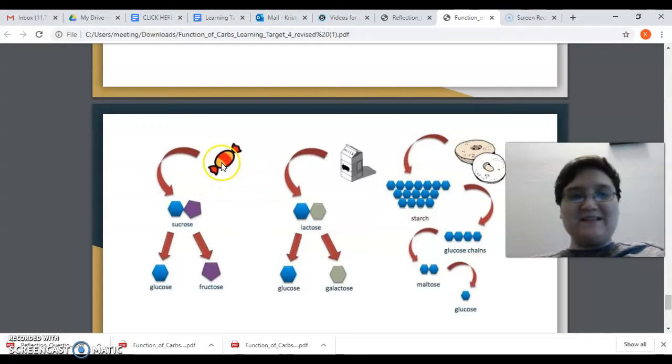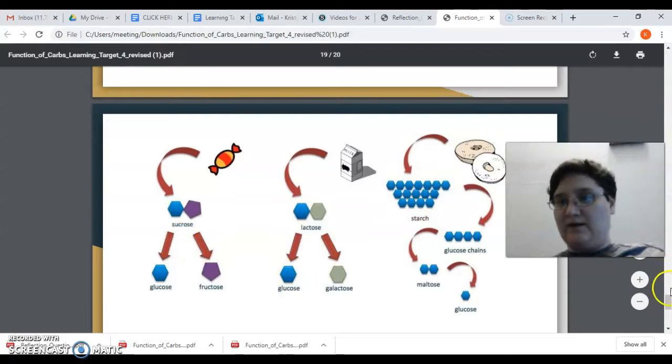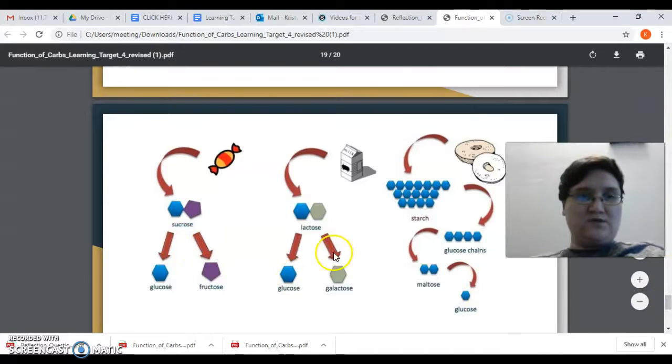So what needs to happen is the sucrase enzyme needs to come in, and once the enzyme comes in, then sucrose will be broken apart, right? Once sucrose is broken apart, these two parts go their separate ways, and you have one glucose and one fructose, right?